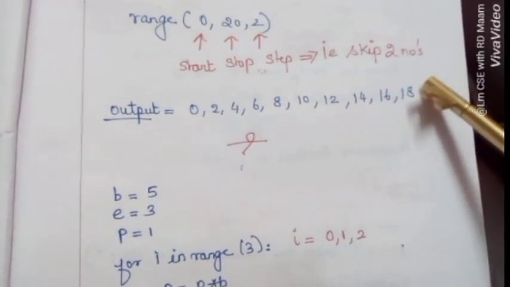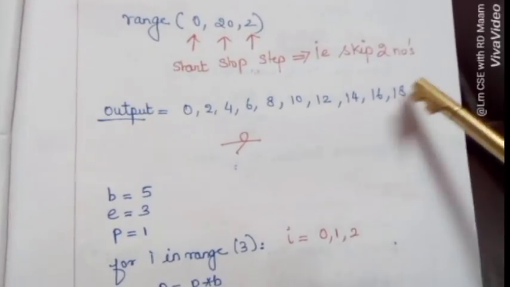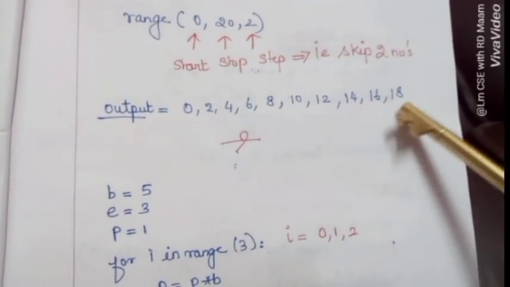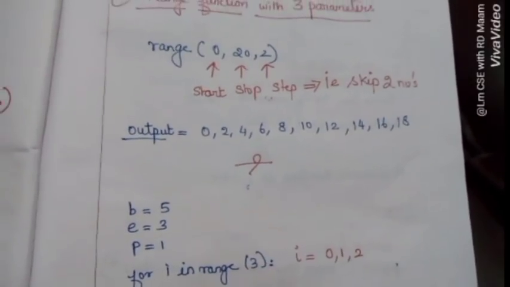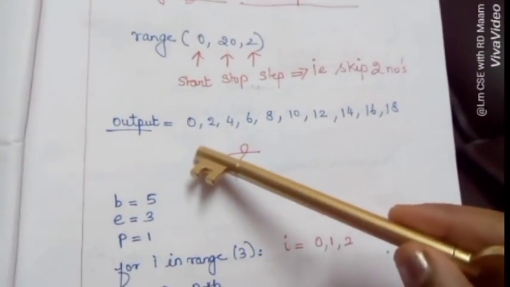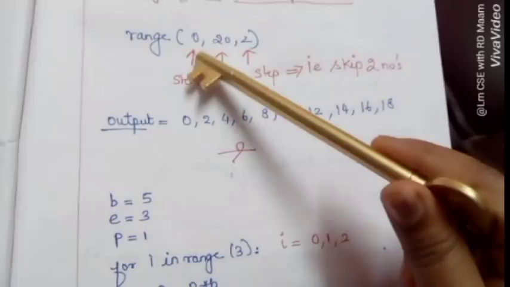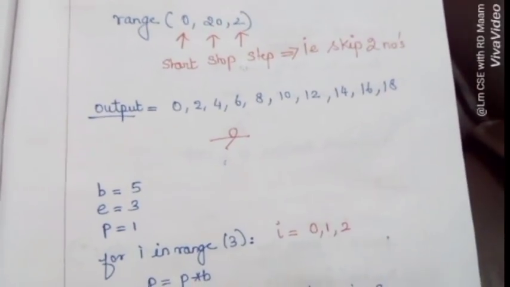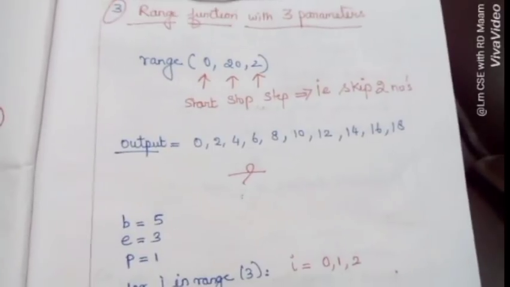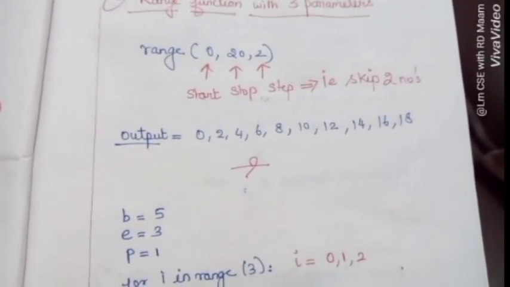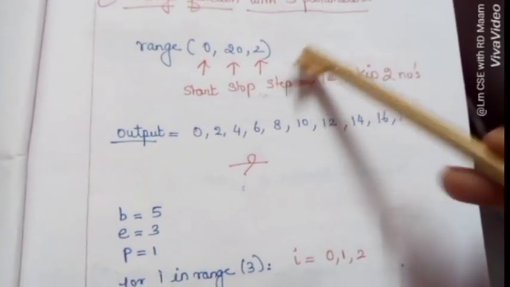So 20 is the stop value, 20 will not be accepted. So till 18 you will get the range values. This is how the values will change if you have three parameters. This is the idea behind the range function. Now you are ready to use this range function in a for loop.